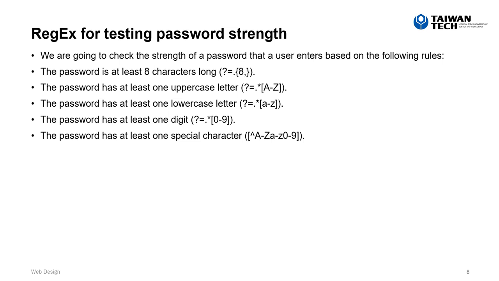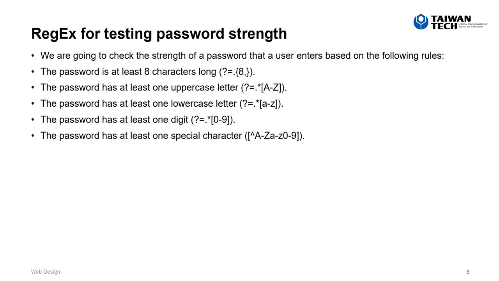So maybe in your JavaScript, you can see here there are 5 rules, right? If you fit 2 rules, I can say your password strength is weak. But if you fit 4 rules, I will say your password strength is medium.